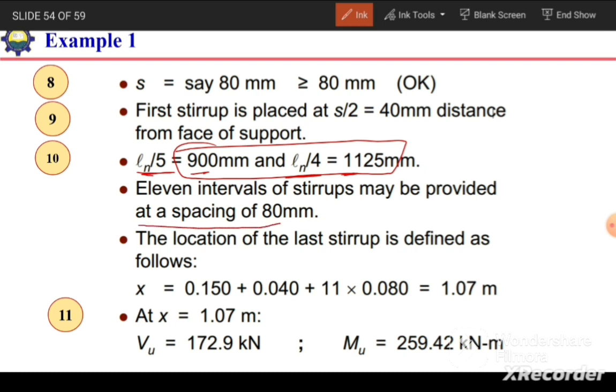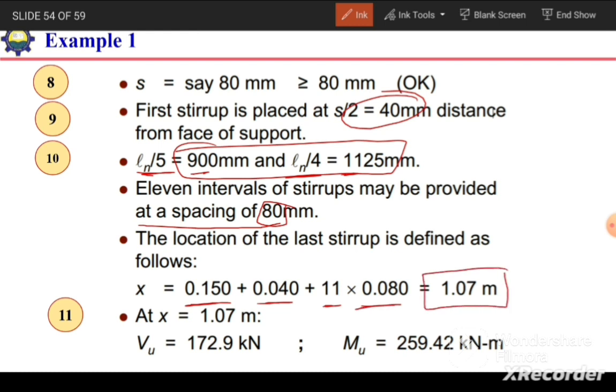So if we provide 11 stirrup spacings of 80 millimeters, in that case the total length covered will be equal to 0.15, meaning the distance from the center of support up to the face of support, plus the distance of the very first stirrup which is provided at a spacing of 40 millimeter, and then 11 stirrup spacings at a distance of 80 millimeters.